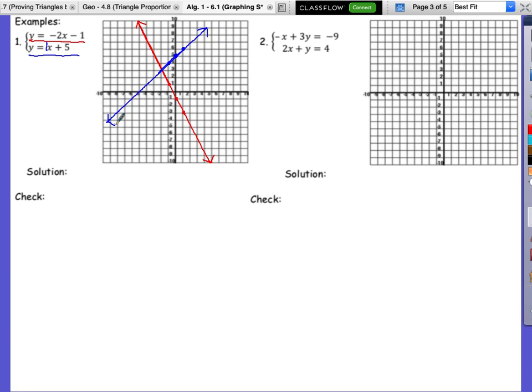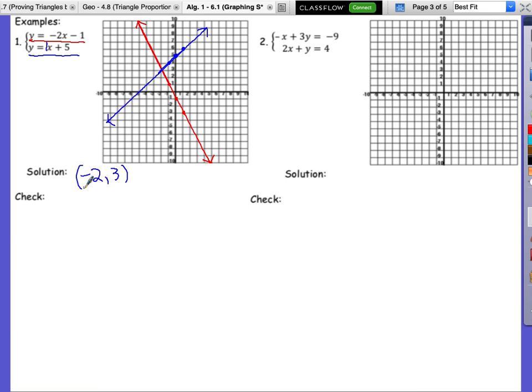Where do these lines intersect? Graydon. Negative 2, comma 3. Does your first line look like mine does in the red? Yes. Does your blue line look like mine? Yes. Where do they intersect?